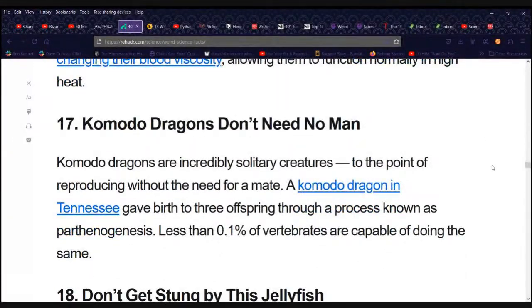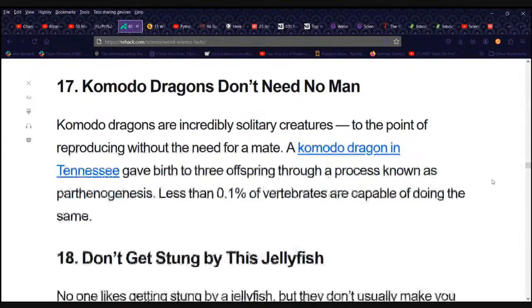Komodo dragons, I guess they can do their own parthenogenesis. Well, I don't really know what that one is. Their eggs themselves, the nucleus can divide.